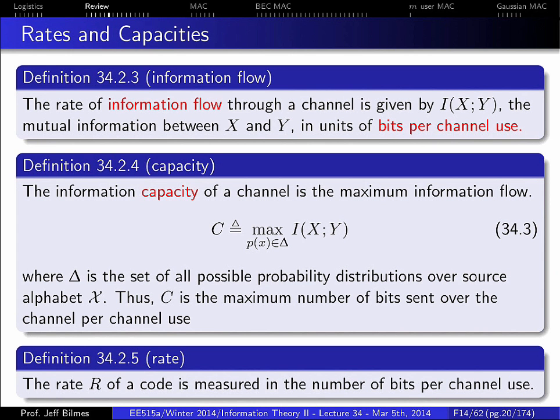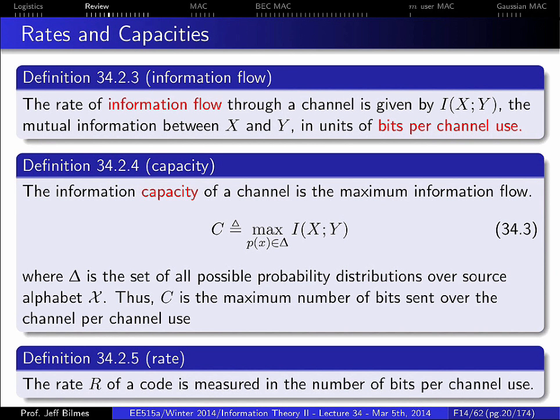And remember, an achievable rate was one such that there exists a sequence of 2 to the n codes that have vanishingly small probability of error as n goes to infinity. So in other words, that rate, which corresponds to the number of bits per channel use, is achievable because we can make the block length big enough, and the error will go to 0 very fast.